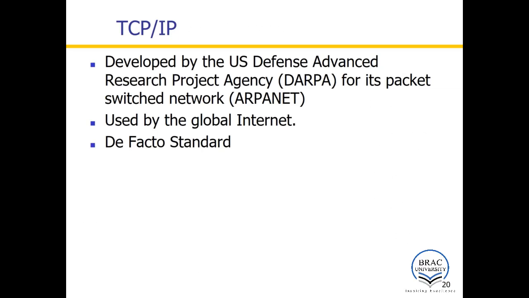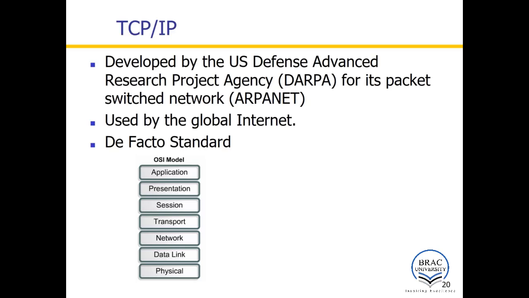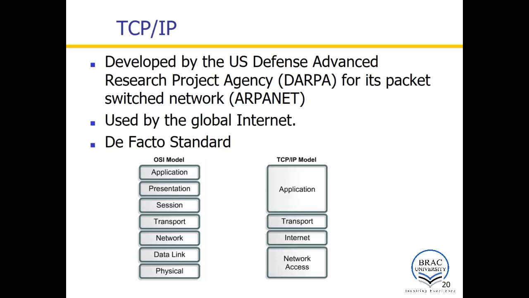Lastly, in this lecture, we are going to talk about the TCP/IP model. The TCP/IP model has the same functionalities that the OSI model has, but it's a little different in how the layers are organized. The OSI model consists of 7 layers, whereas the TCP/IP model consists of only 4 layers.